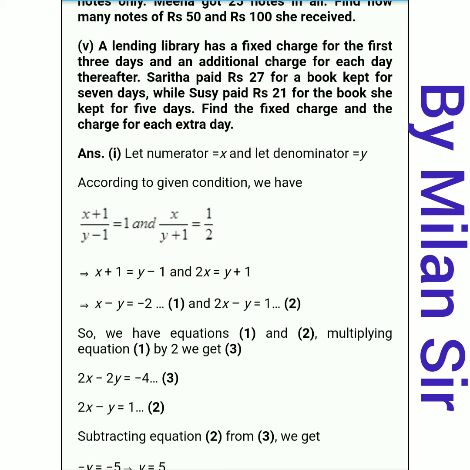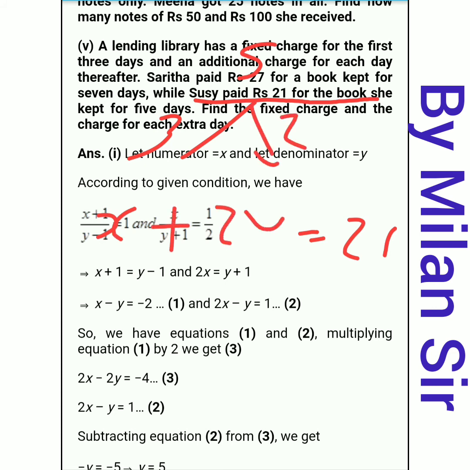Okay, then for the second equation. The total amount she paid is 21 for the book she kept for 5 days. For the first 3 days she needs to pay rupees x, and for the remaining 2 days she needs to pay 2y.